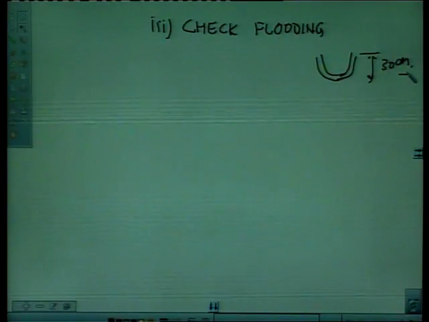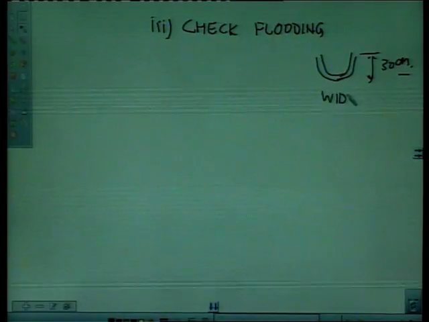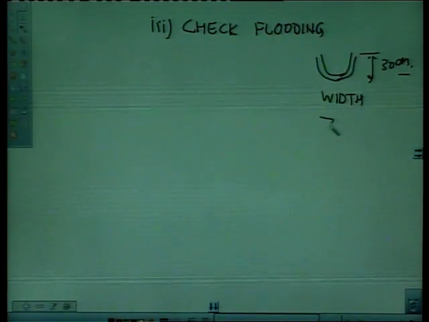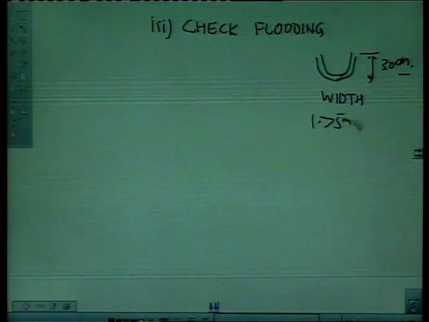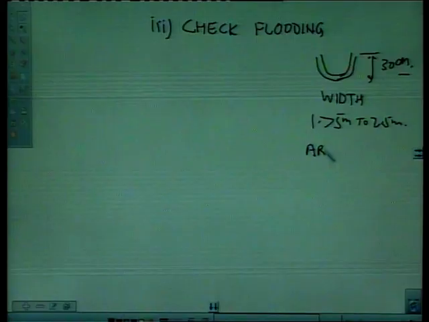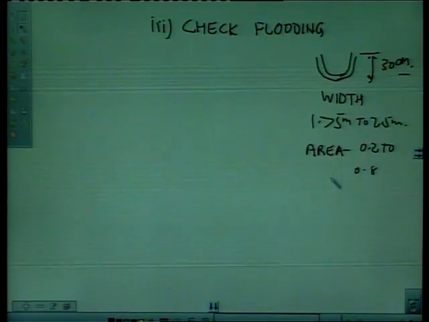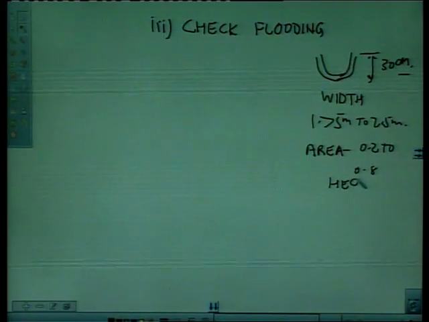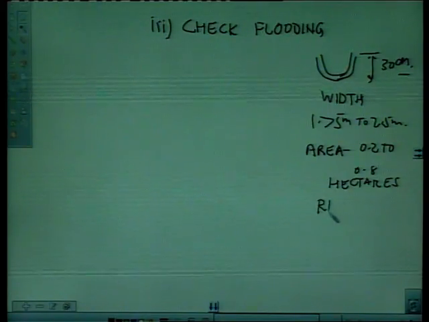The width of the main ditch is 1.75 meter to 2.5 meter, and the area is very large. In this case, the area is 0.2 to 0.8 hectares. So, we are having rice farming in this way.